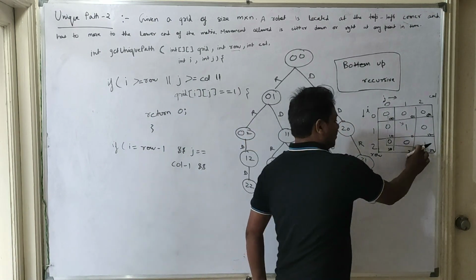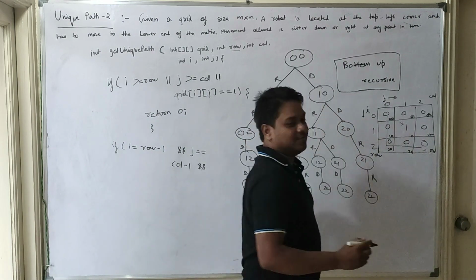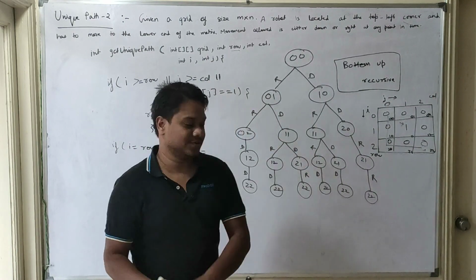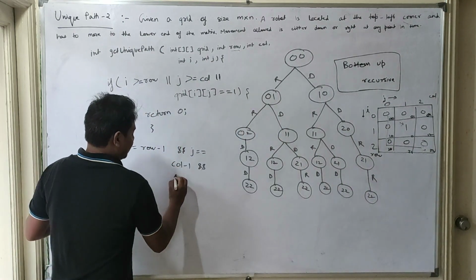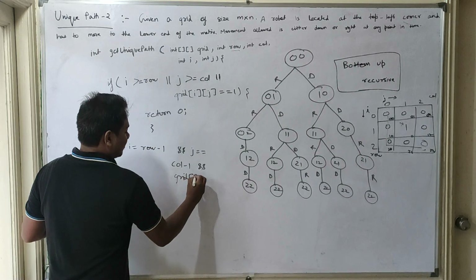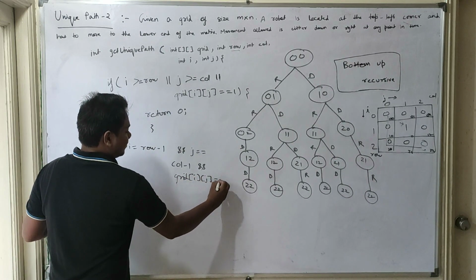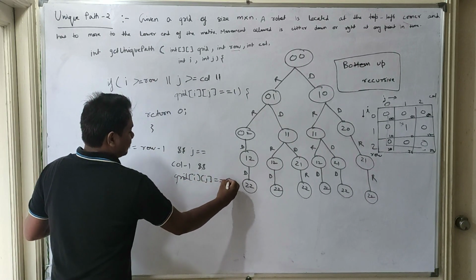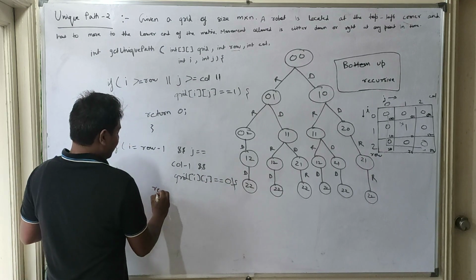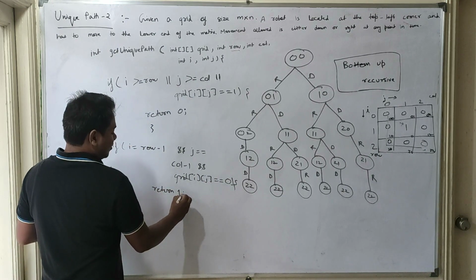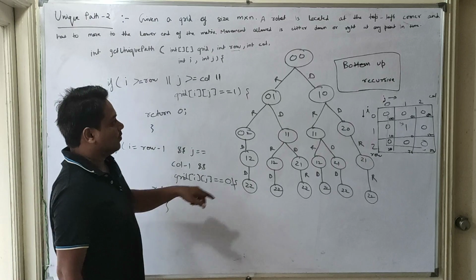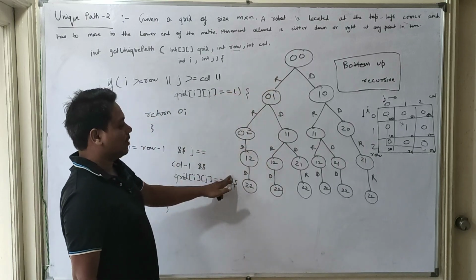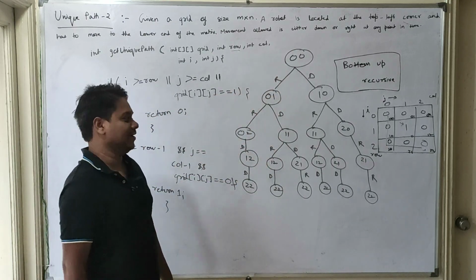It should be 0, then only the robot can move to the end of the matrix. And grid i j equal to 0, then we have found one possible path. So this is one of the possible paths that we are having.